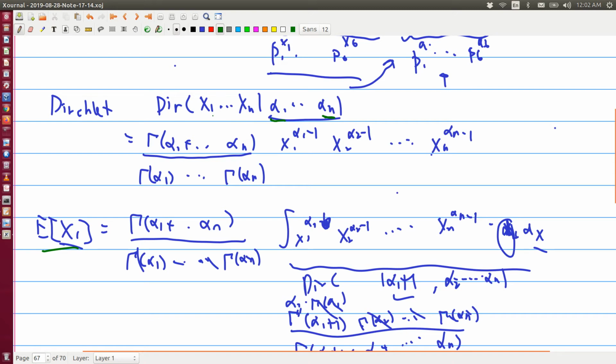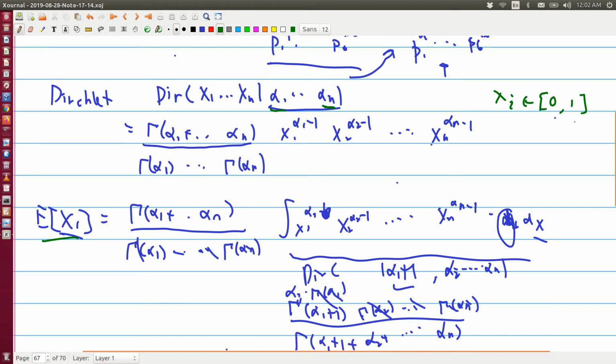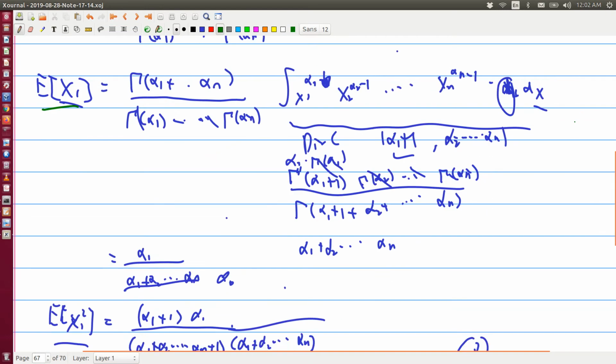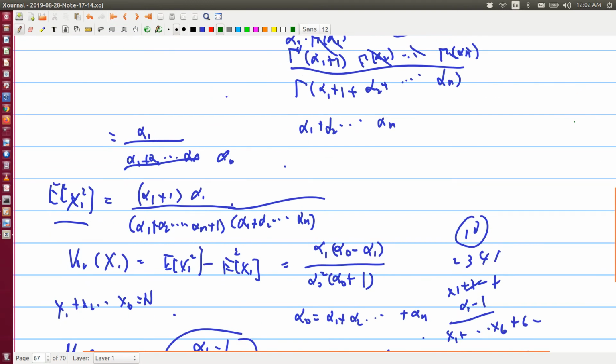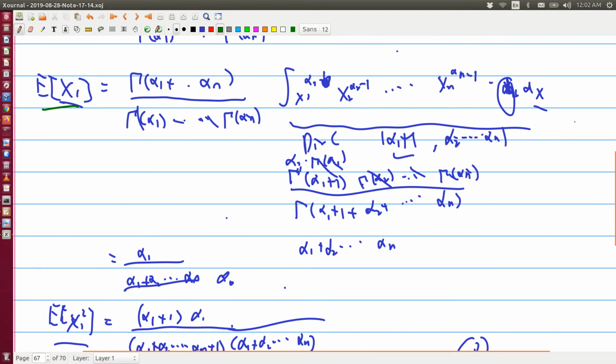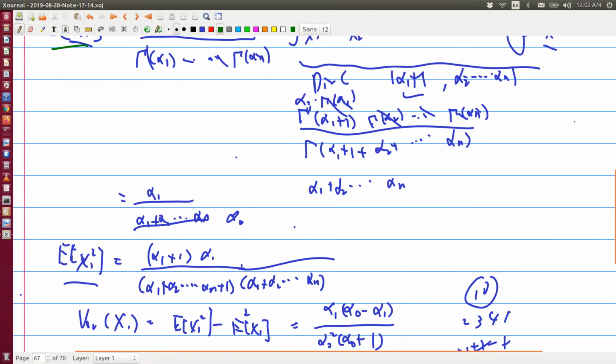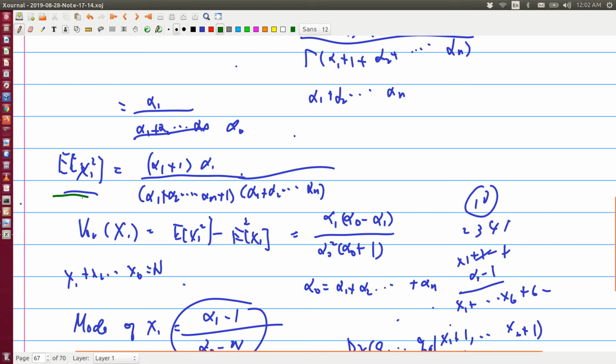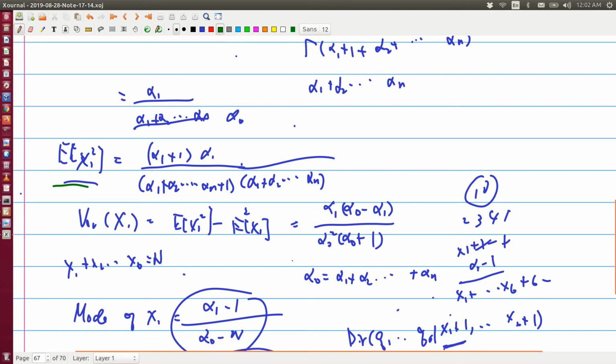So this is like a probability, therefore each xi takes values within the interval 0 to 1. And so we compute the mean and we compute the variance. Basically we can compute the second moment, then we can compute the variance like this.